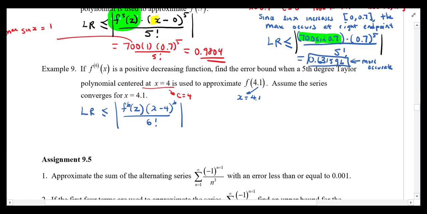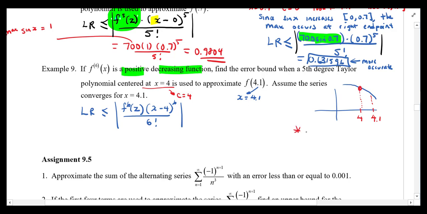So think about what these words mean. Positive decreasing function. So my sixth derivative function looks probably something like this. And if I'm going from x is 4.1 to the value that's centered at c, I hope you can see where my maximum value will be: not at the right endpoint this time, but at the left endpoint.